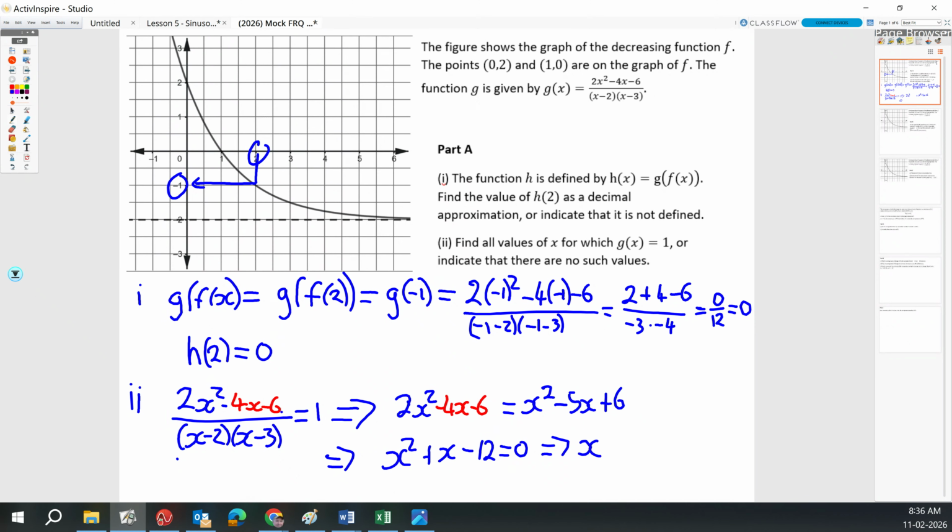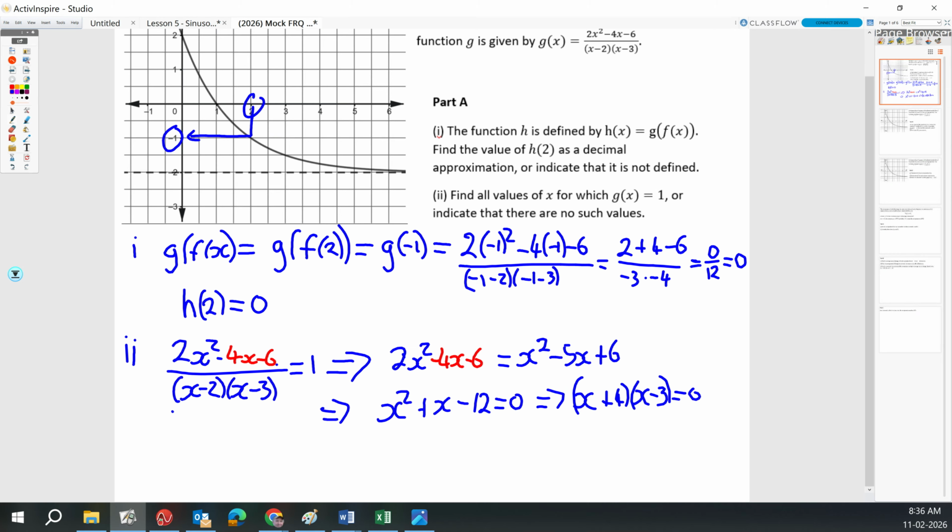Factor it, we get x plus 4, x minus 3 is equal to 0. Gives us two solutions, x is equal to minus 4, x is equal to 3.